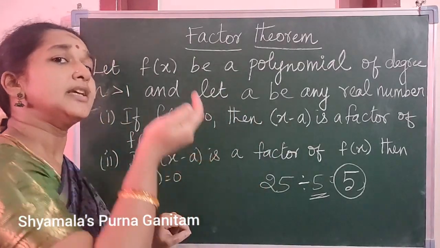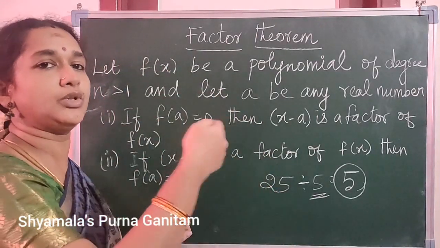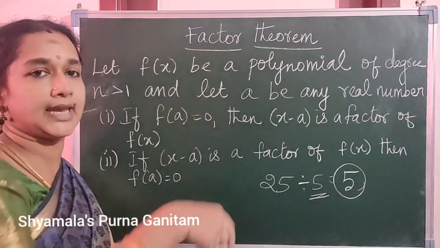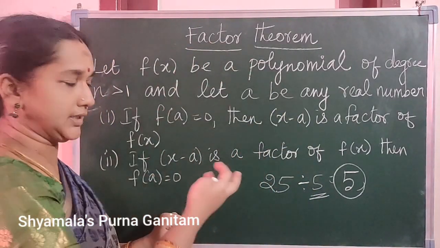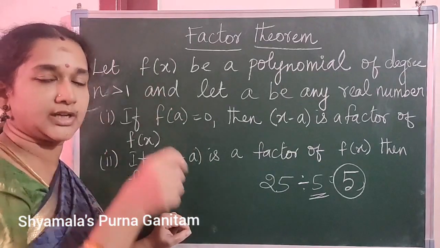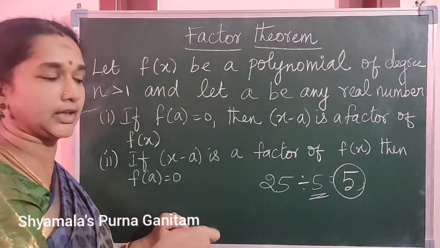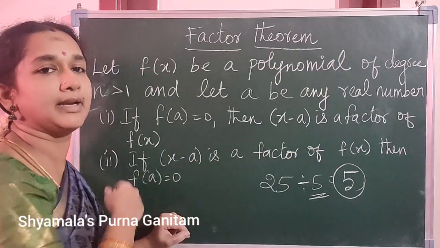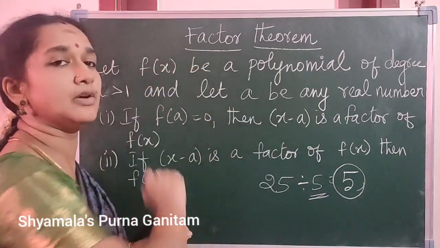Definitely you will get the remainder as 0. This is the factor theorem.